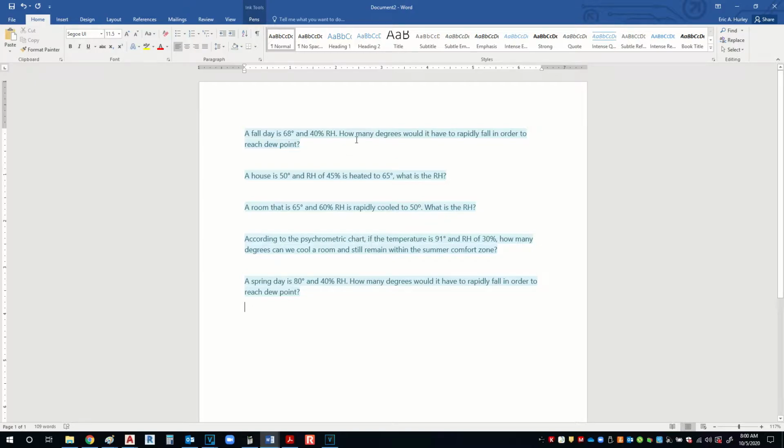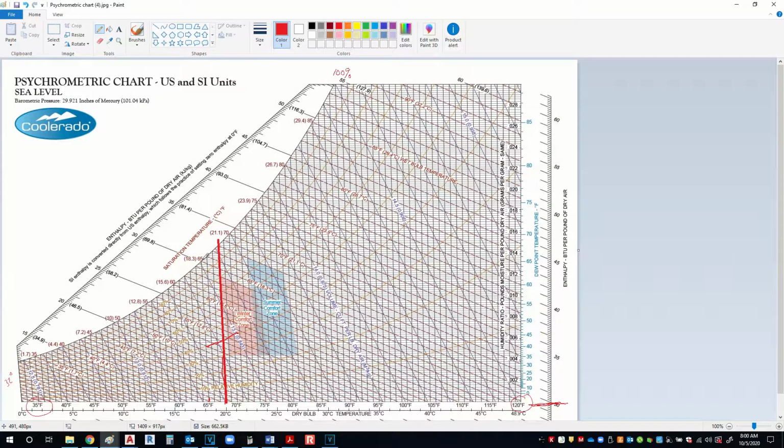Now the question asks, how many degrees would it have to rapidly fall in order to reach dew point? So here is dew point. This curved line right here is dew point. Cooler air is going to go this way. Warmer air is going to go this way.